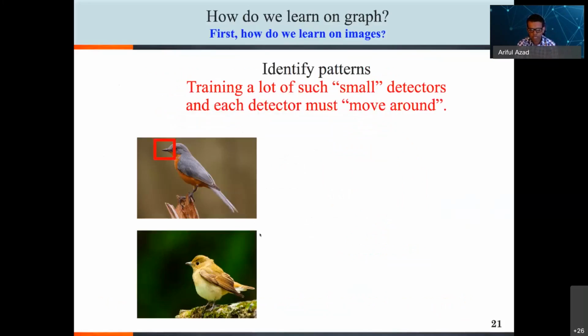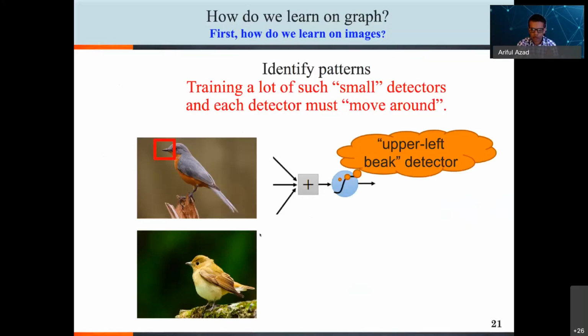If you are trying to identify the beak of a bird, we place a small filter there, and we consider an image convolution operation. For the filter and for that part of the bird, we compute the dot product, sum them up, apply a nonlinear transformation, and get one output out of it.